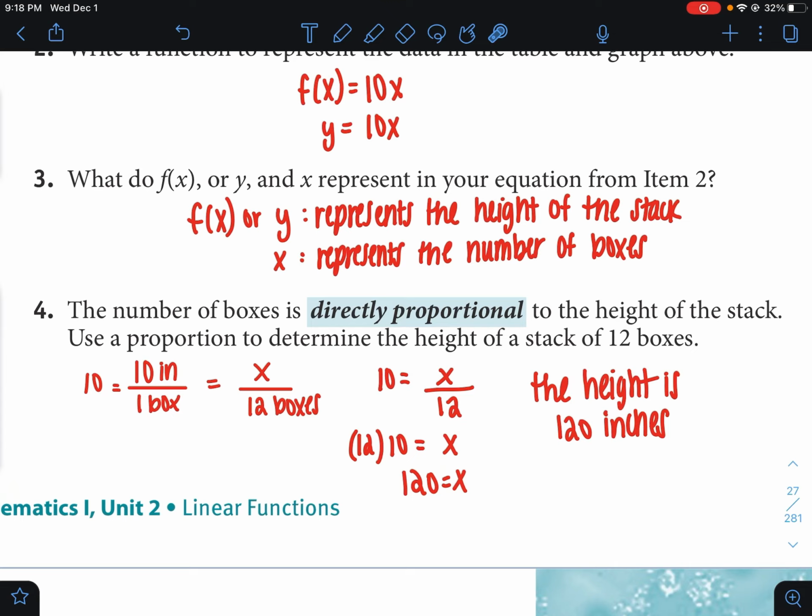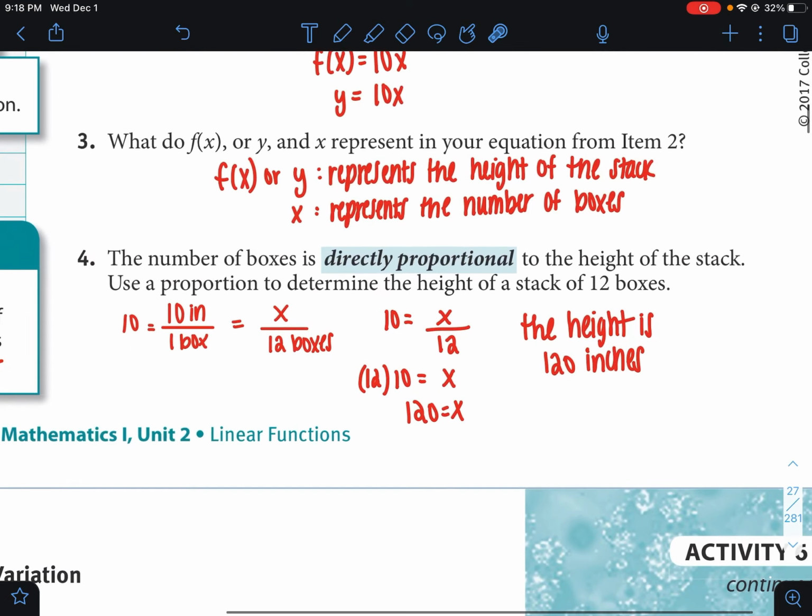Since this is equal to 10, we could set up a new equation: 10 is equal to x over 12. To isolate x, we multiply by 12 on both sides to cancel those out. 12 times 10 is 120. So if we have 12 boxes, the total height of our stack is 120 inches.